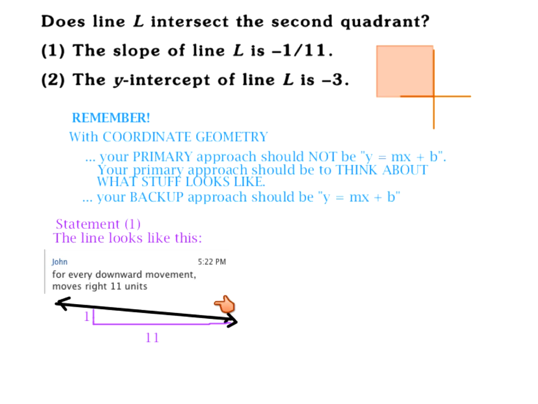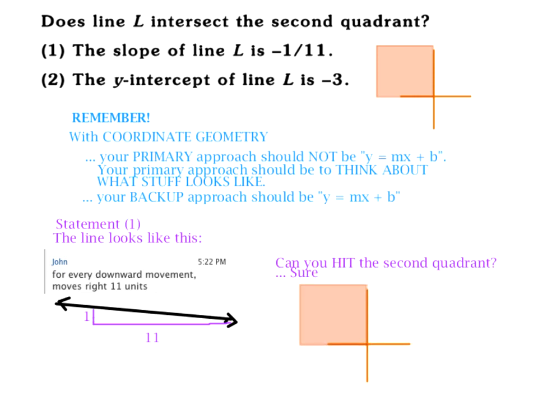So the point is that the line goes down from left to right. So if you think about whether you can hit the second quadrant, well, sure you can. That's not very hard to do. Here's the coordinate plane again.